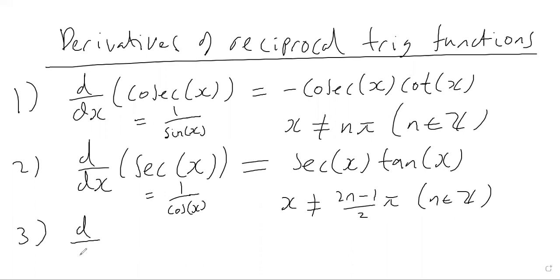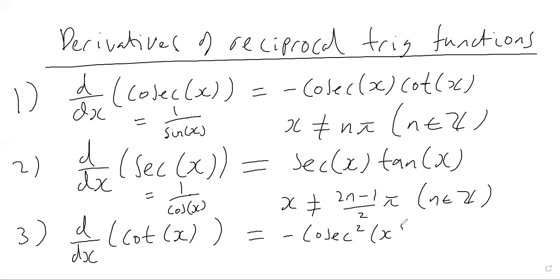And then the last reciprocal trigonometric function we found the derivative of was this cot function, and the result we got for this was negative cosec squared of x. If we consider the domain of this cot function, cot is defined by cos of x divided by sine of x.